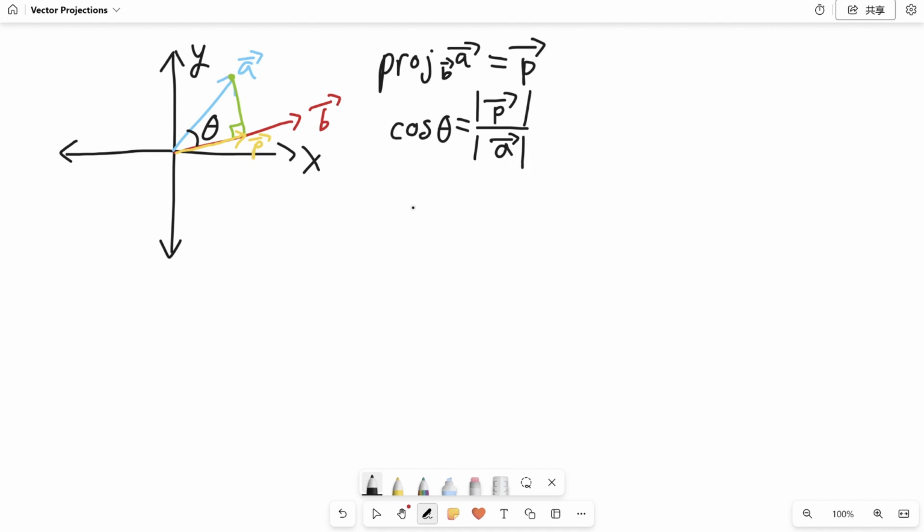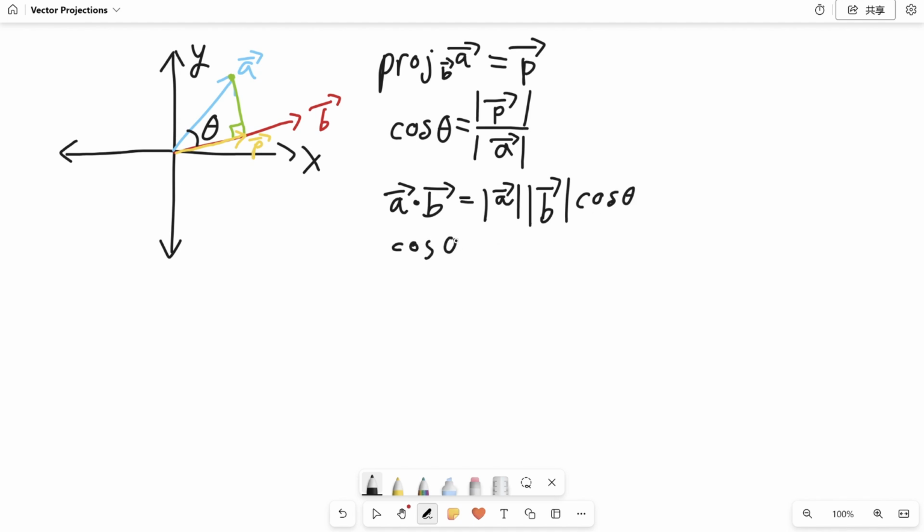Now we also know that we have dot products, which include cosine theta. The dot product of vector A and B is equal to the magnitude of A times the magnitude of B times cosine theta.